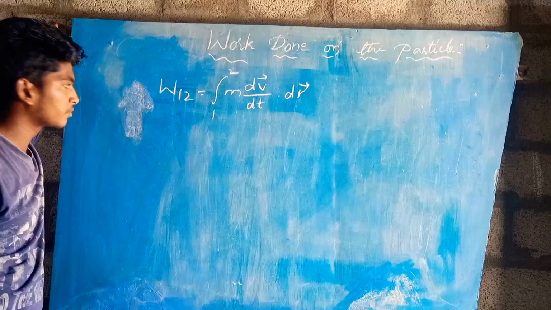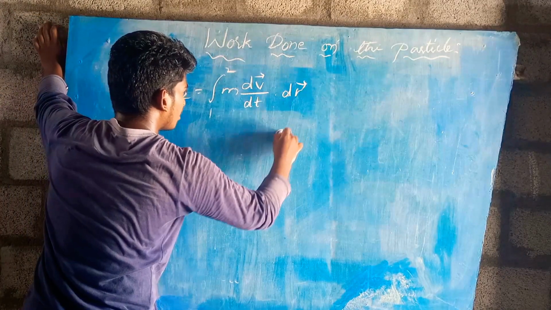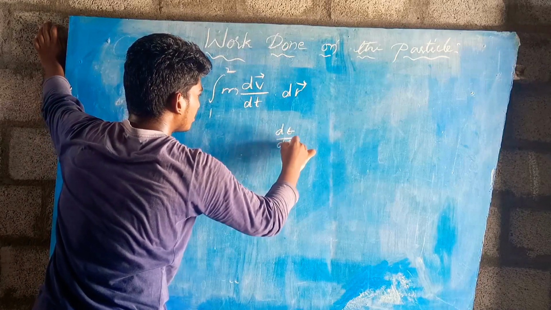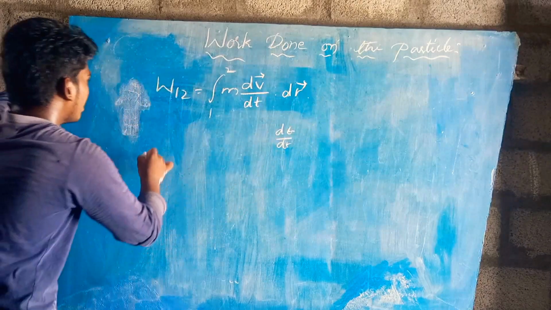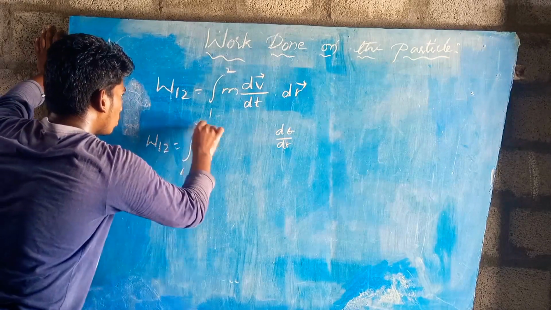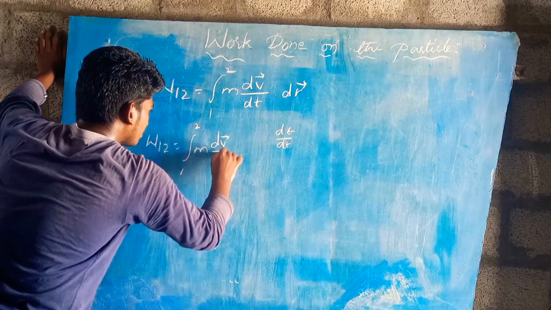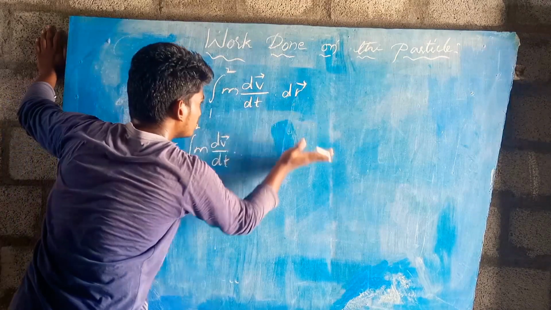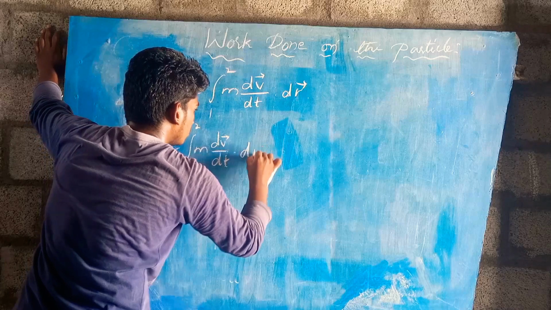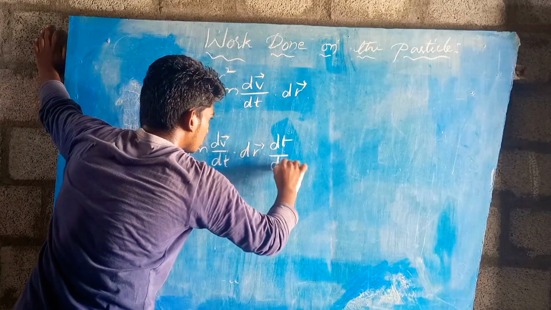dr. Now multiplying this equation with dt by dt on the RHS, we get W12 is equal to integral 1 to 2 m dV by dt times dr dt by dt.